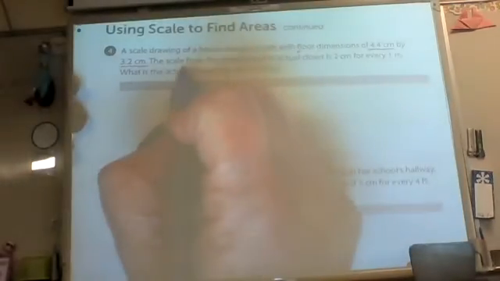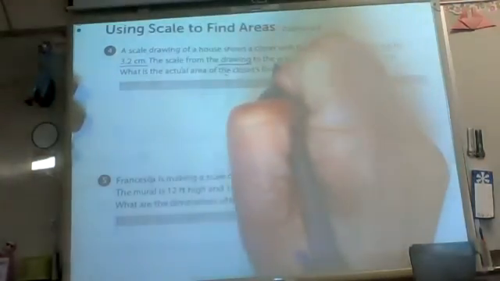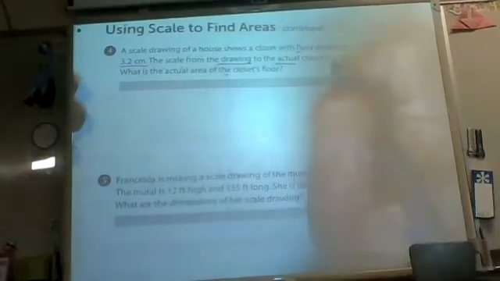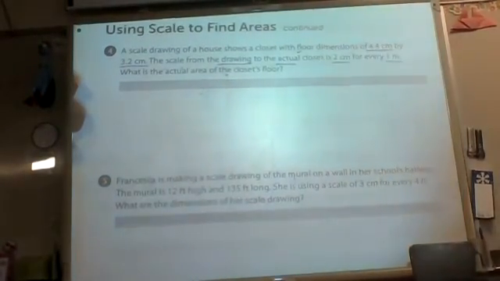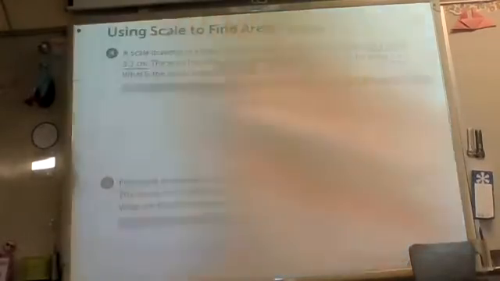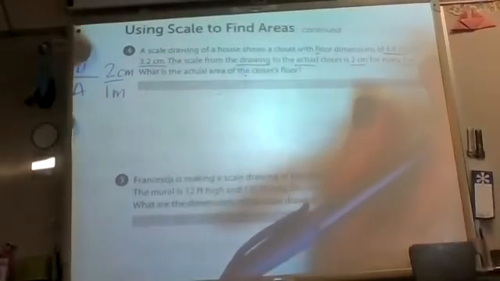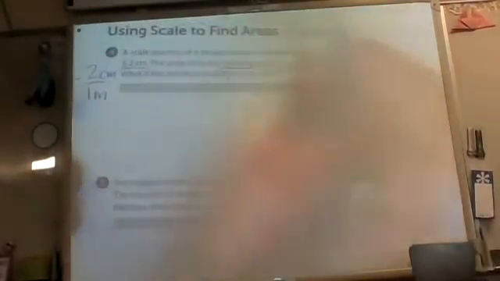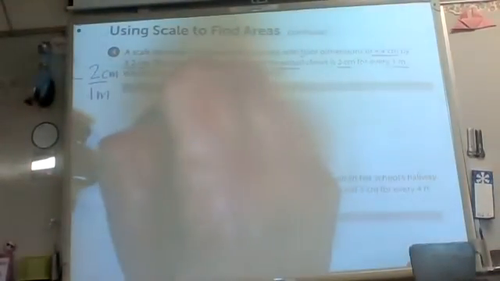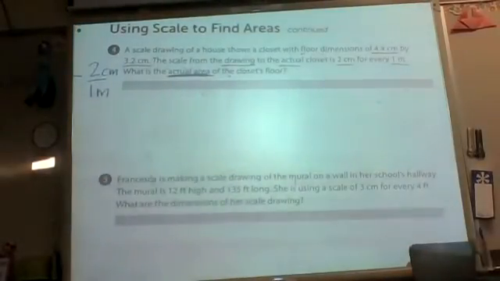The scale from the drawing to the actual is 2 centimeters for every 1 meter. So it's drawing to actual is 2 centimeters to 1 meter. But remember, when finding scale factors, that's flip-flop. The question asks, what is the actual area of the closet floor?